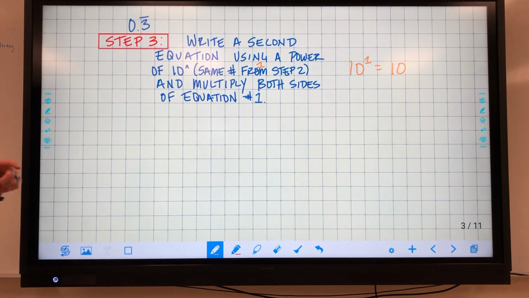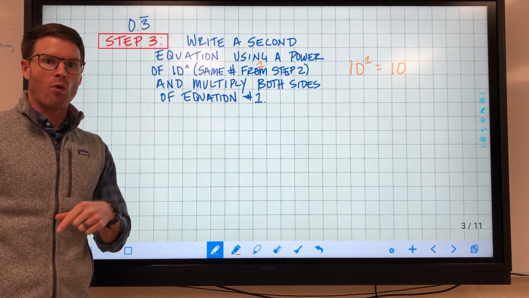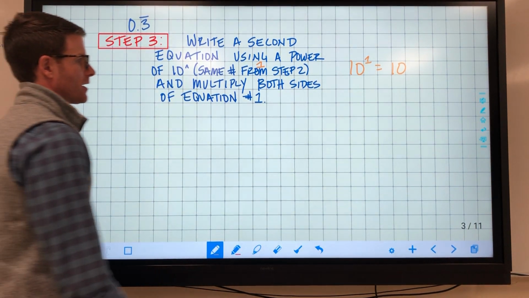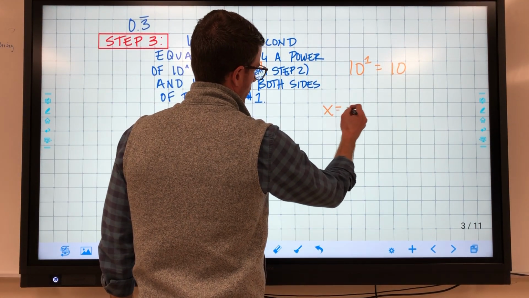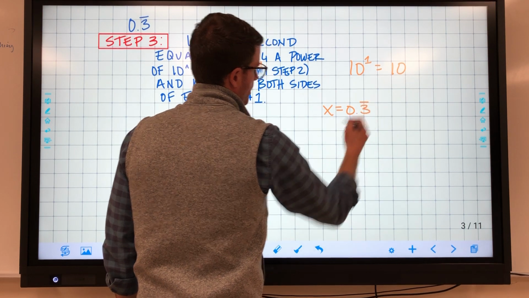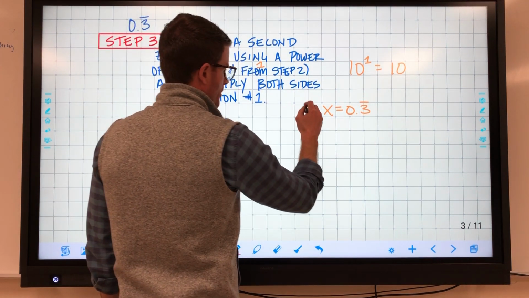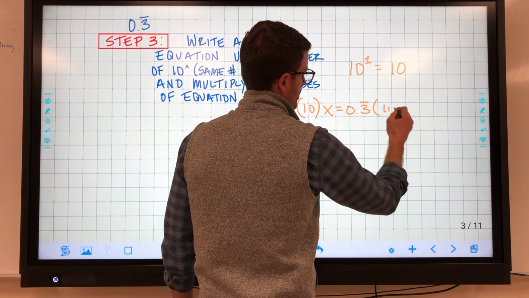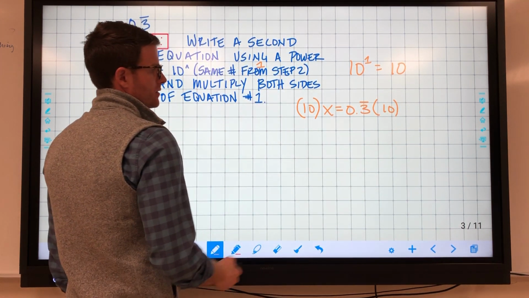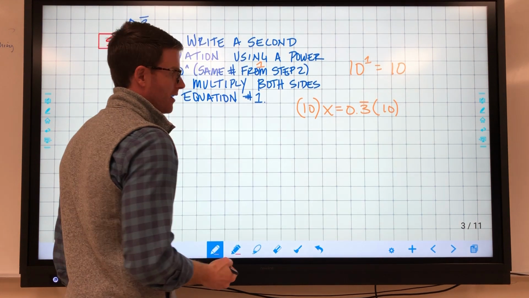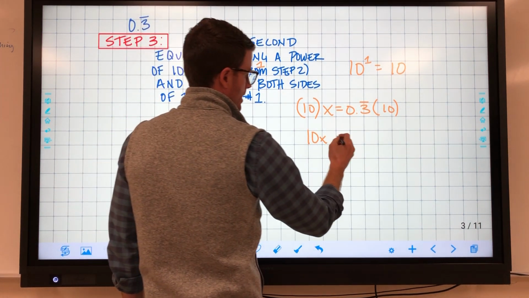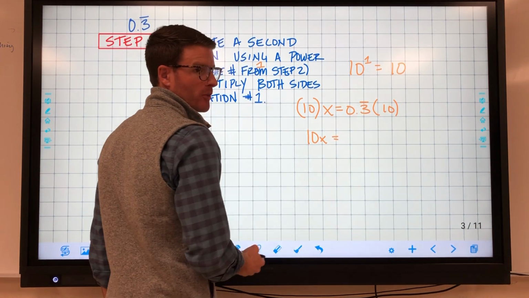So now I'm going to take my equation from step 1 and multiply both sides by that power of 10. All right, so here's my equation from step 1, if we remember. And now all I'm going to do is multiply both sides by that power of 10. So my second equation now is 10 times x, which is 10x, equals 10 times 0.3 repeating.